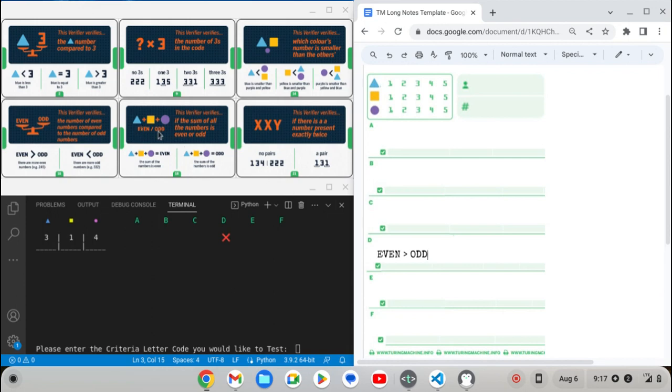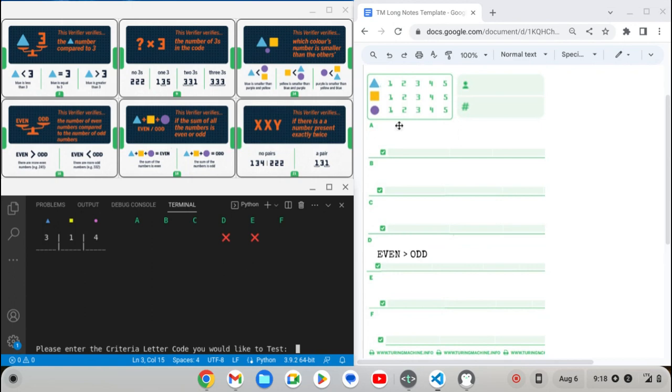The next thing I want to test is criteria card E. So again, the way criteria card E works is we're going to add up our digits. So let's go ahead and add up 3 and 1. That gives us 4. 4 plus 4 is 8. So that's an even quantity, but the Turing Machine does not approve of that. So it's telling us that the sum should be an odd quantity.